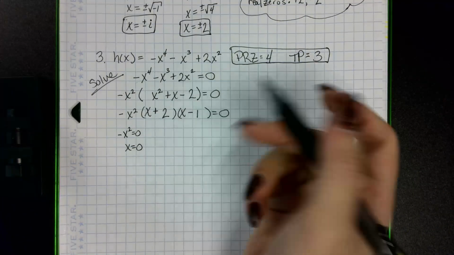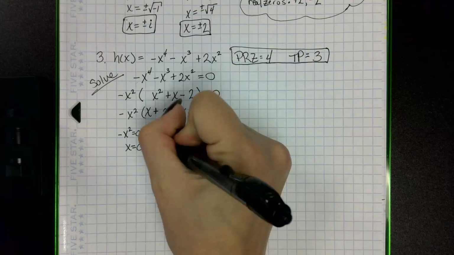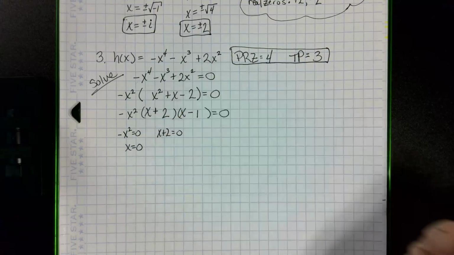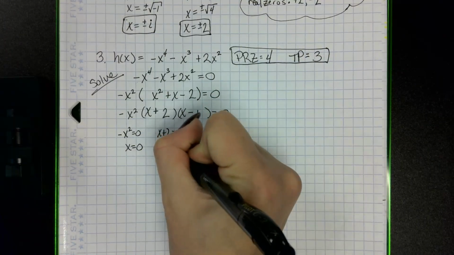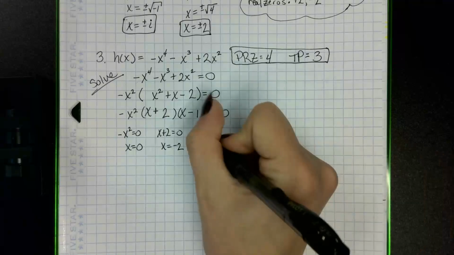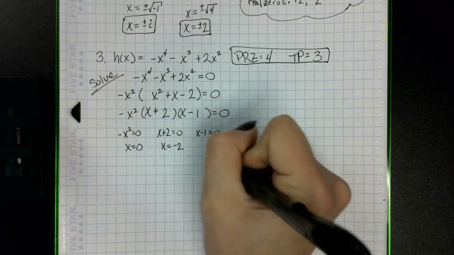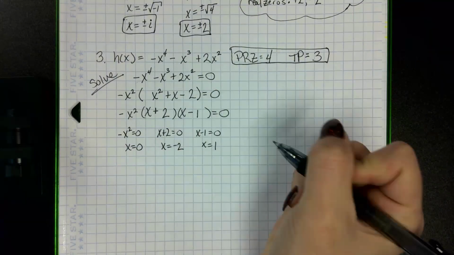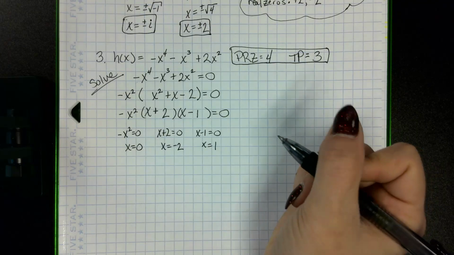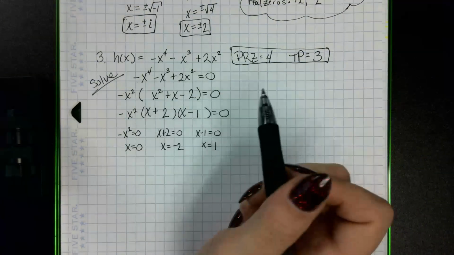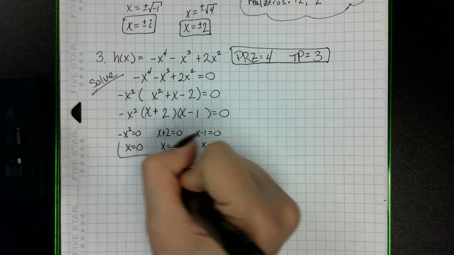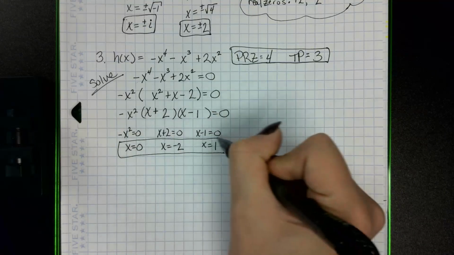Then I take x plus 2 equal to 0, so x equals negative 2. I take x minus 1 equal to 0, so x equals positive 1. And these are my 3 solutions, my 3 zeros.